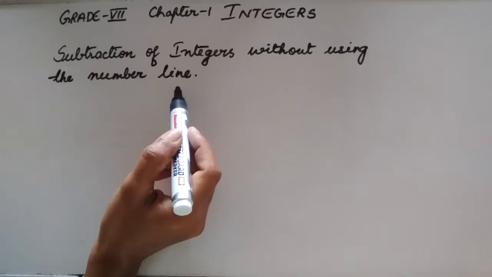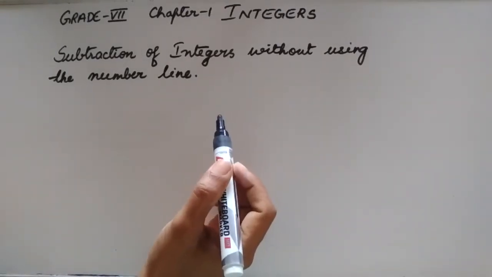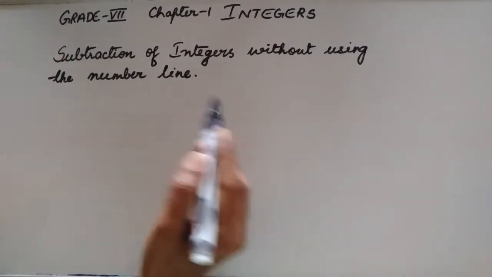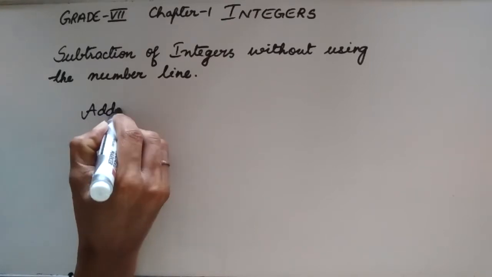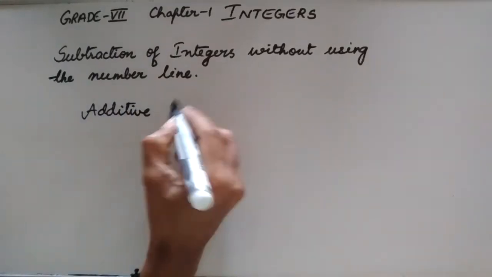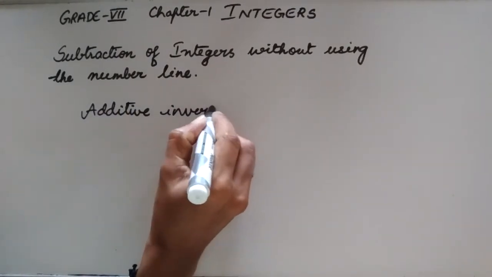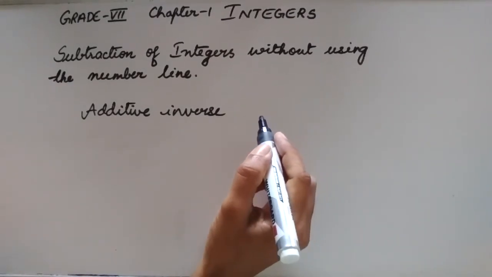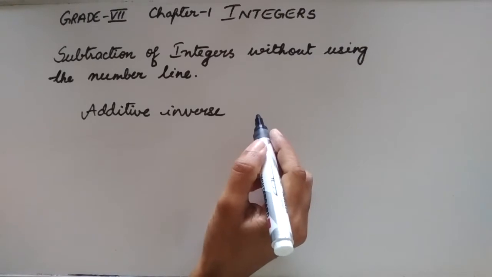To subtract the integers without using the number line, we need to add the additive inverse. We need to add the additive inverse of the integer that is being subtracted.